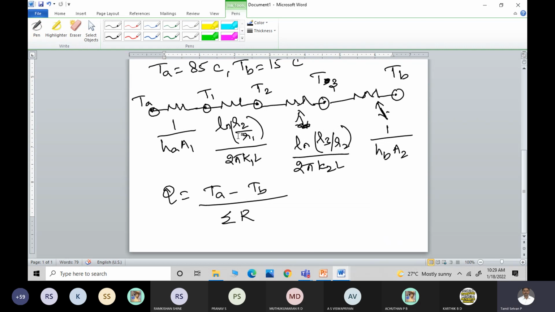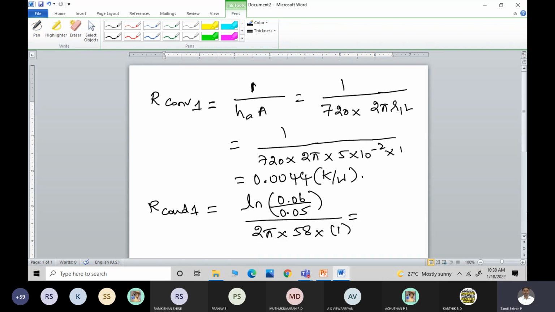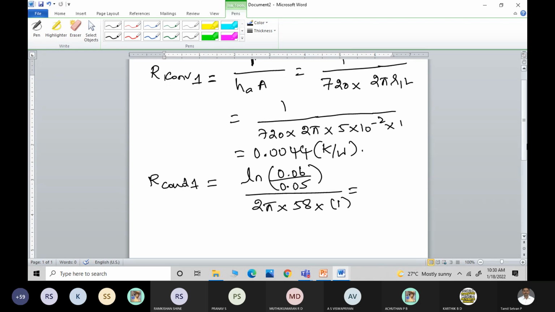The natural log of R2 by R1 divided by 2 pi K1 into L. 0.0005 Kelvin by watt.